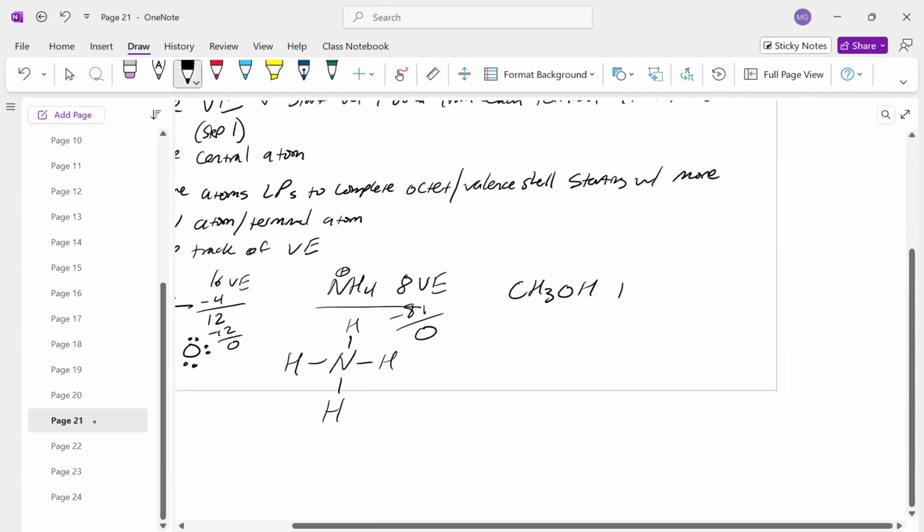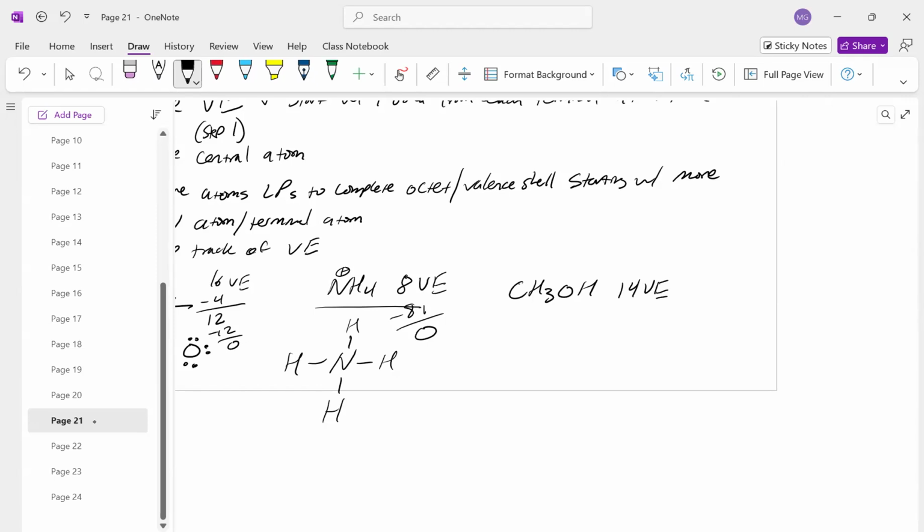Now let's look at methanol. Methanol had 14 valence electrons. So we said this was our skeleton. I'm going to put single bonds to each atom. And notice that takes care of 1, 2, 3, 4, 5, 10 valence electrons. I've got 4 left. So I'm going to take those 4 and give them as lone pairs to the more electronegative atom, which is oxygen.